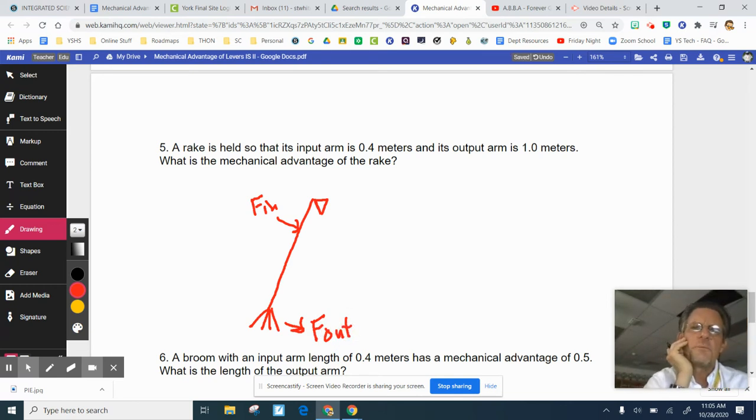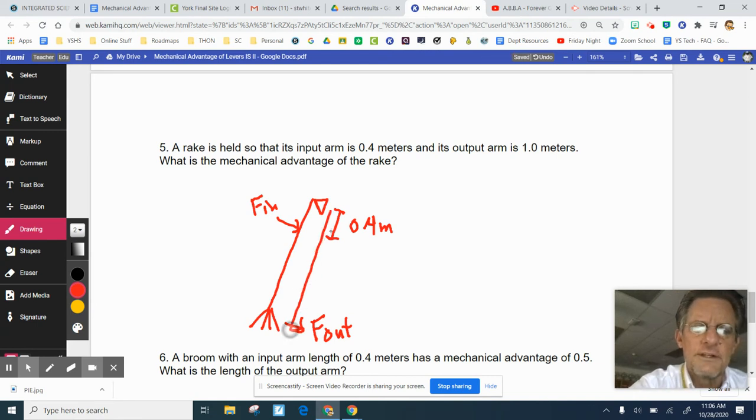The input arm is 0.4 meters. So that's the distance from the fulcrum to the force in. So that's 0.4 meters. And if we measure from the fulcrum all the way down to here, that's our output arm, so that's 1 meter.